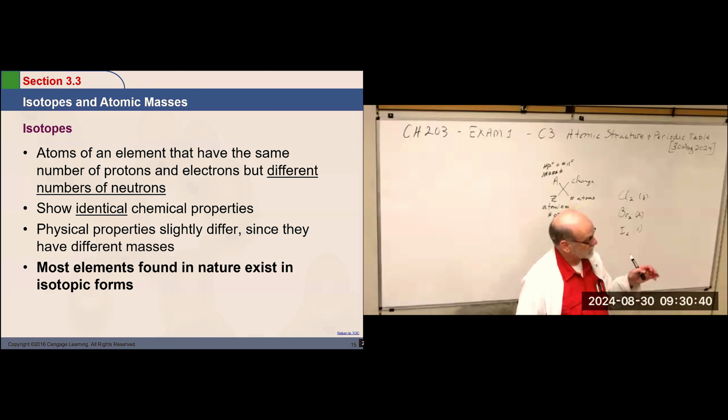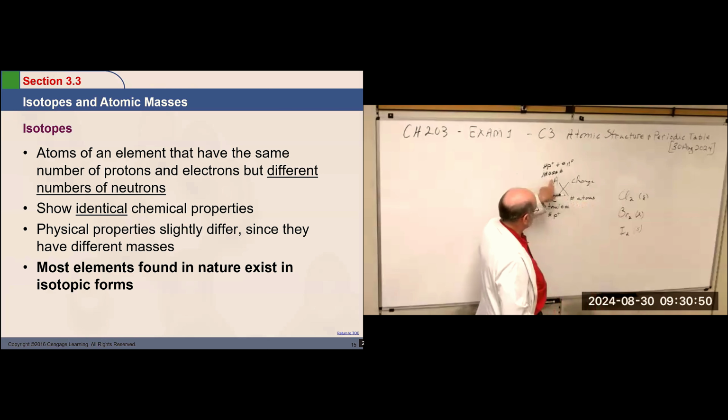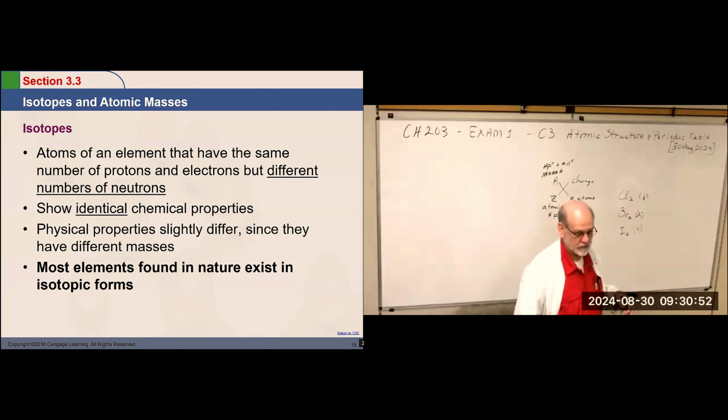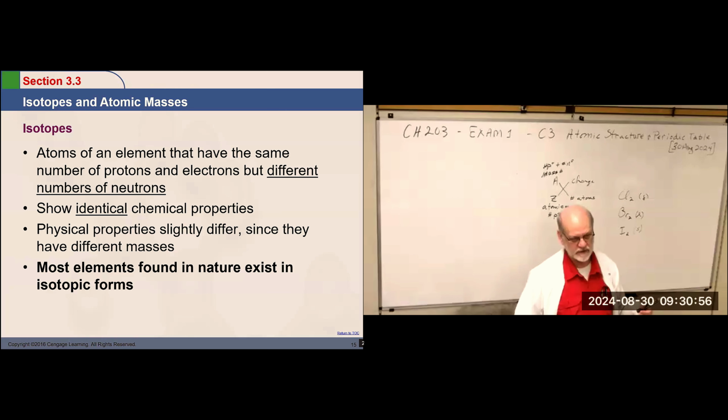So when you look at the upper left-hand corner in that chart, that number is a weighted average of these values for those atoms. Carbon is mostly carbon 12, and there's some carbon 13 and a little bit of 14, maybe some 11, but most of it is carbon 12.